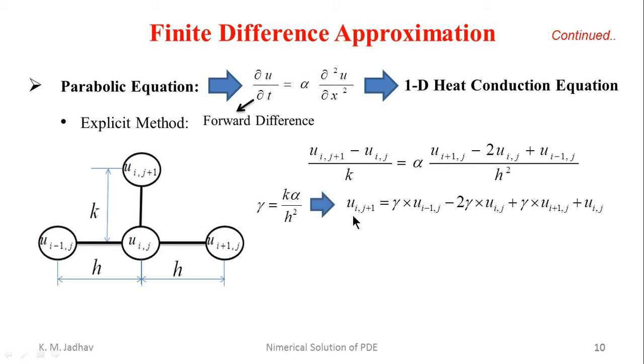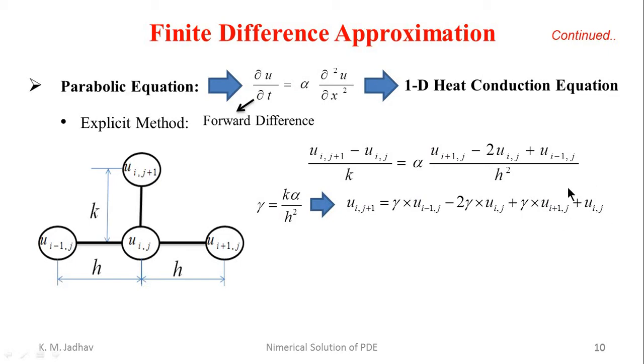So we can write u_i,j+1 is equal to this k alpha by h square, which is gamma. This gamma will be multiplied to these three terms. Here I have written this term first, that is gamma into u_i−1,j, then minus 2 gamma into u_i,j, then plus gamma into u_i+1,j. If we take minus u_i,j on this side of the equal to sign, then we can write here plus u_i,j.